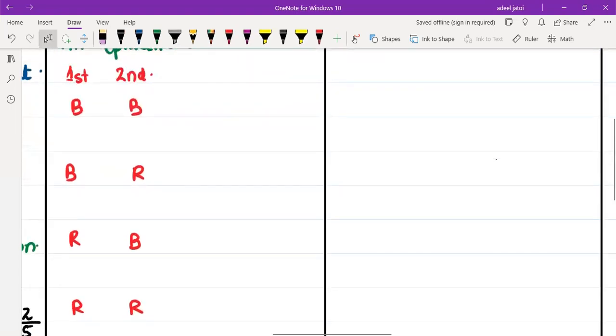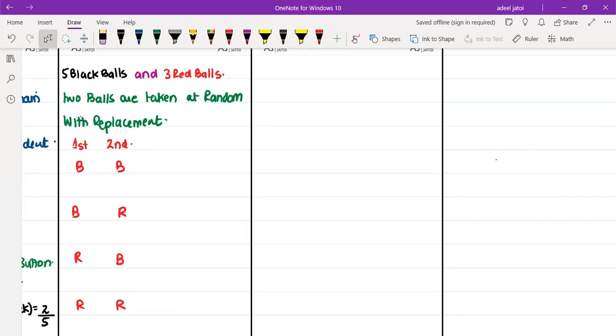So there are only 4 choices, and all the events are different: black black, black red, red black, and red red. Each probability will have no effect on the others.